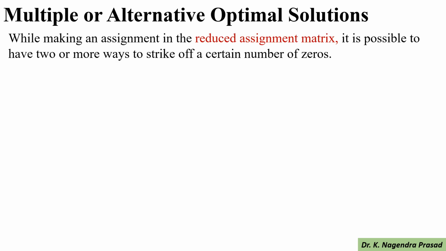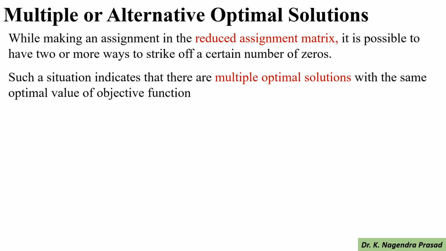While making an assignment in the reduced assignment matrix, it is possible to have two or more ways to strike off a certain number of zeros. Such a situation indicates that there are multiple optimal solutions with the same optimal value of the objective function.